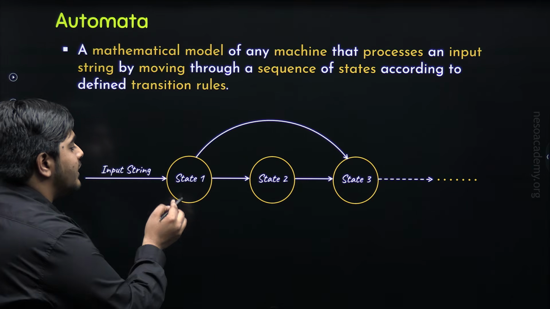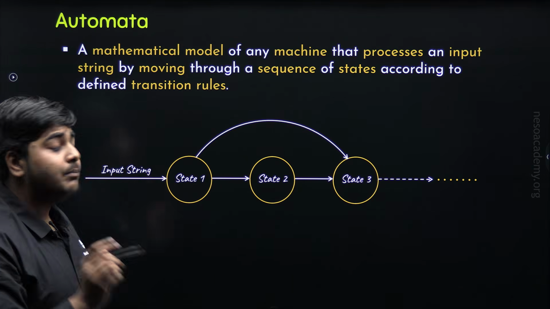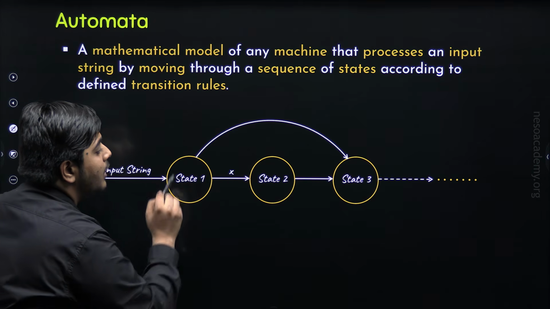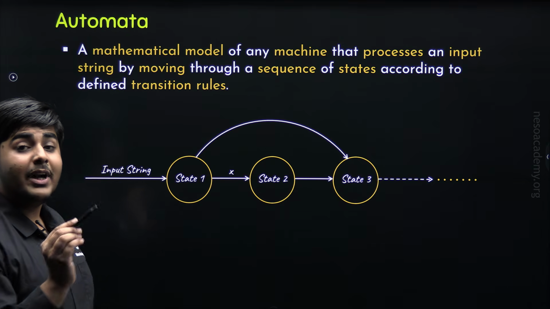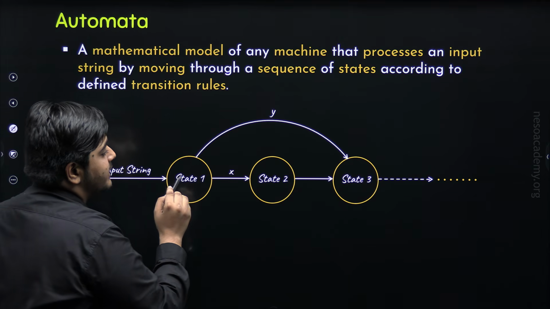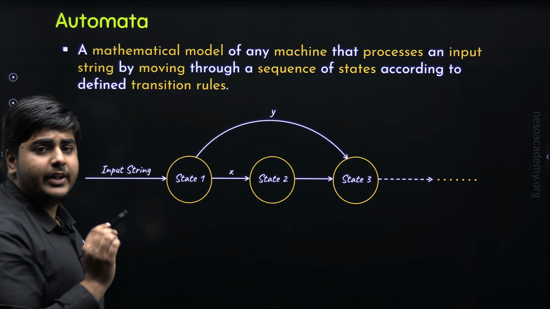Now, suppose we are on state number 1 and the input symbol is X. Then there is a transition from state number 1 to state number 2. But if the input symbol is Y, then there is a transition from state number 1 to state number 3.